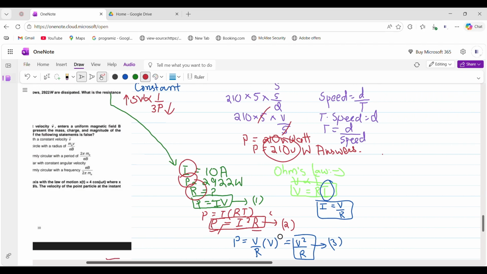And in the third, if I see V square upon R, R they have asked us, power they have given, but voltage they have not given. So the only formula that we are left with to use is formula 2, which is I square R.